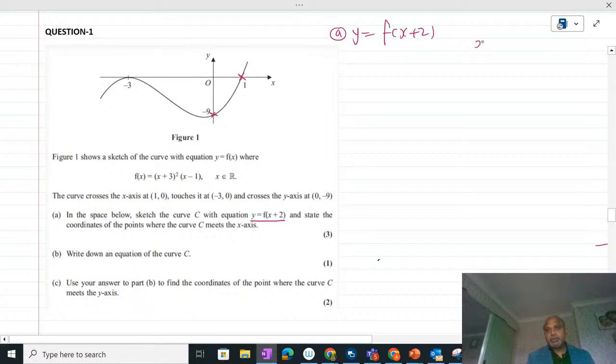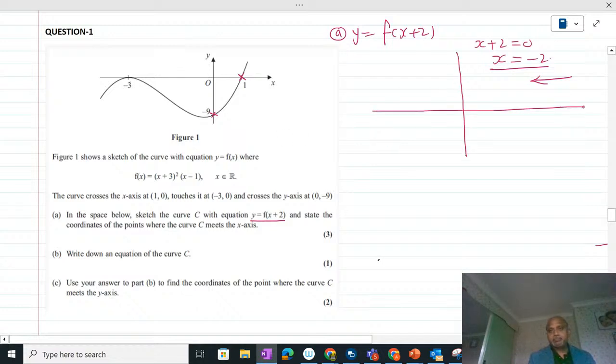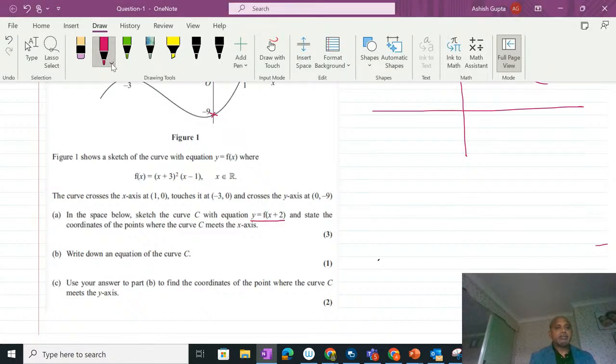So f(x + 2) means if you put x + 2 equal to 0, this graph is going to shift left by 2 units, right? So left by 2 units. So what we need to do, we are going to sketch this diagram.